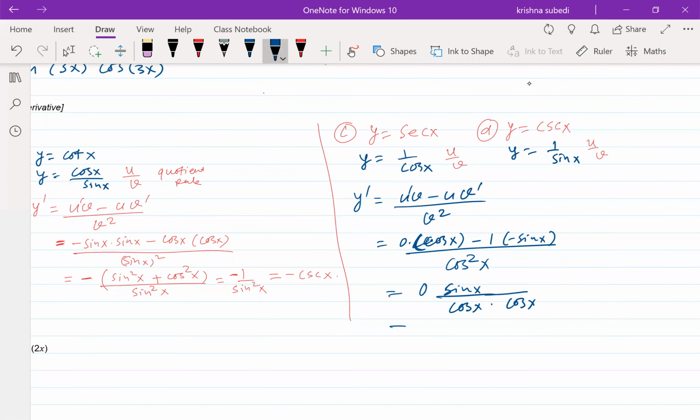Okay, so that means you can write down sine x. You can split it in this way. So you can split sine x over cos x times 1 over cos x. So sine x over cos x is actually tan x, and then 1 over cos x is sec x, secant x. So that is the formula for sec x. So the derivative of sec x will be sec x times tan x, or tan x times sec x.